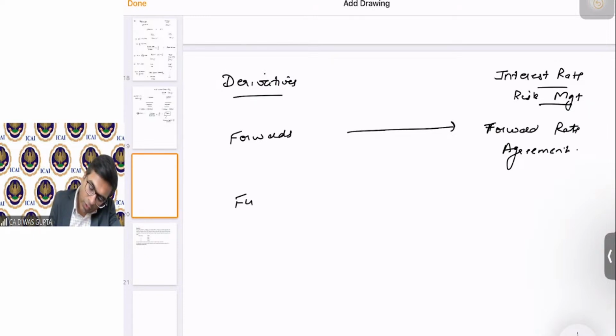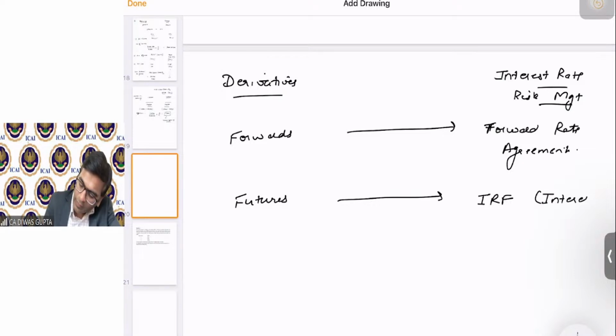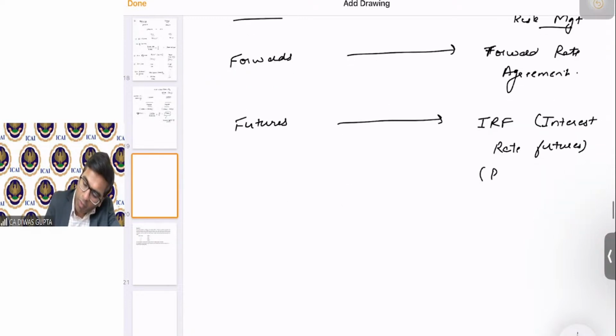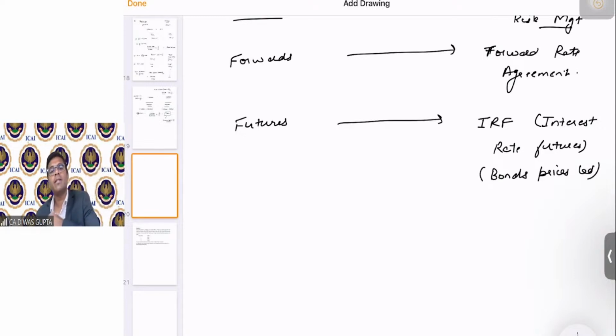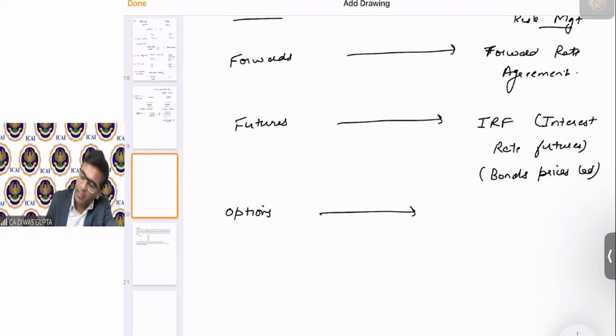Similarly, in derivatives, we also studied futures. The equivalent here becomes interest rate futures, and these are bond prices led, correct? We said that for bond prices, we find the inverse proportion and hence we achieve that. Then finally, we also had options in our derivatives.